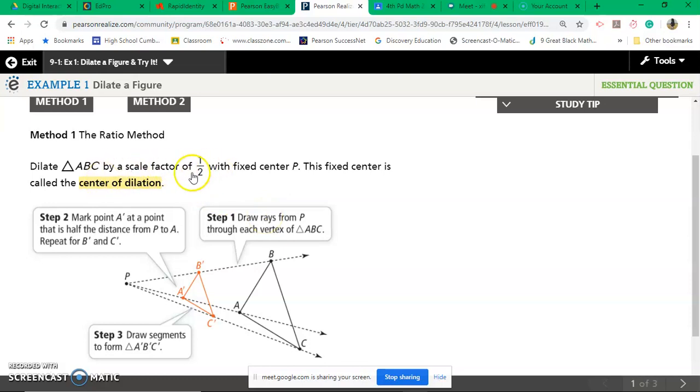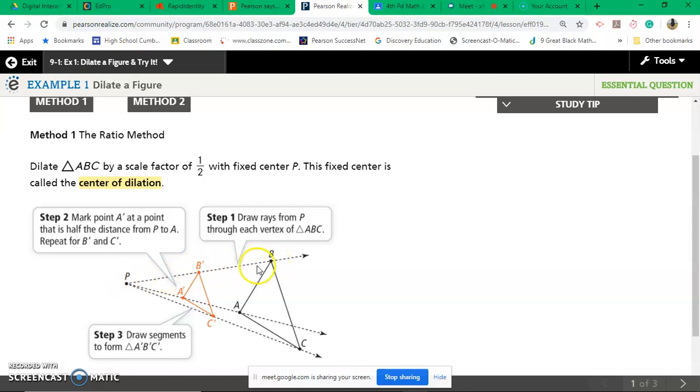So our scale factor is 1/2. That means our image is going to be half the size of our pre-image. Because our center is back here, the image is going to retract back towards the center. You see these lines that they've drawn from the center to the pre-image.